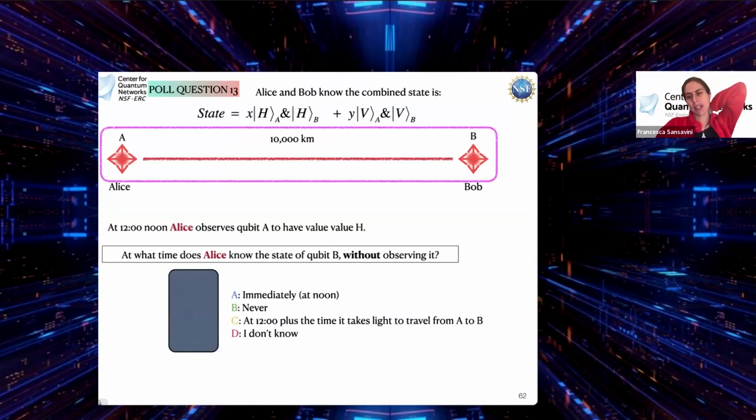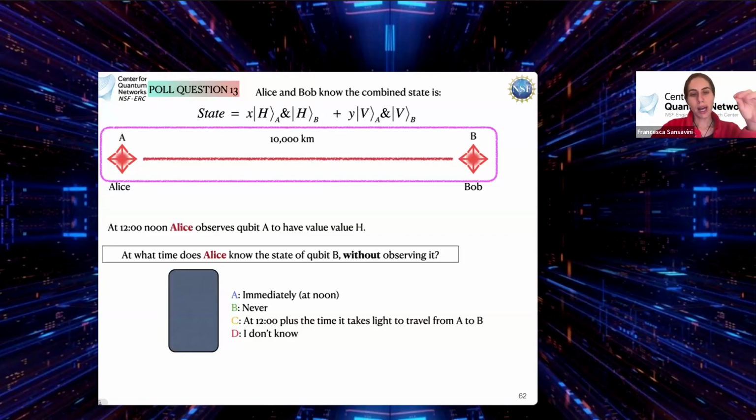Okay, so Belisha, here I'm going to ask you to pull up question 13 instead of the following one, because I moved the slide around a little bit. So in here, the question is, we give Alice and Bob this entangled state X HH plus Y VV. And then we separate Alice and Bob by a long distance, let's say 10,000 kilometers.